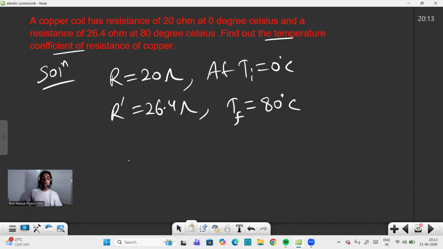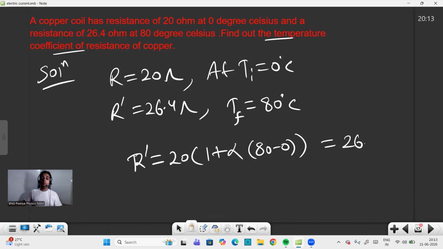So we already know R dash, which is R final, equals R naught, at 0 degrees, 20 ohm, into 1 plus alpha delta T, where delta T is 80 minus 0. Correct. So here R dash value is 26.4.